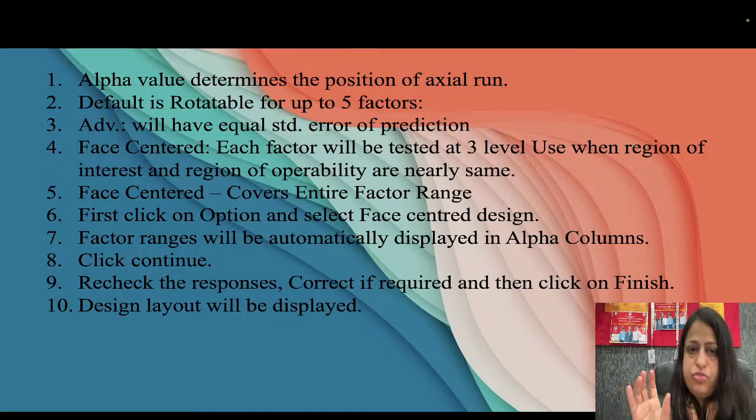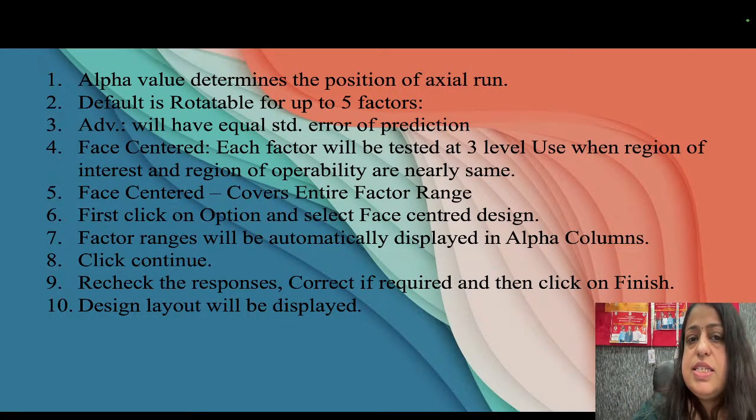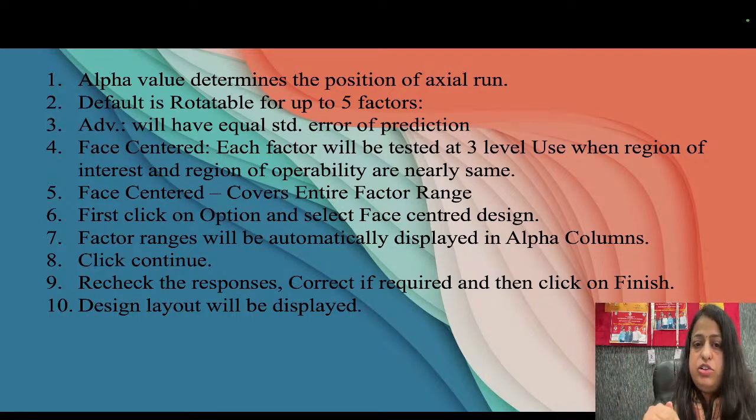Then we will select face centered, right. Because in this each factor will be tested at 3 levels, so we definitely want to check what is at minimum level, medium level and maximum level, right. Then yes, face centered covers the entire factor range, meaning minimum range, medium range and maximum range, so it is better to select the face centered.